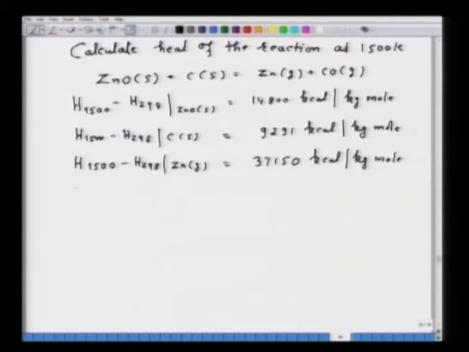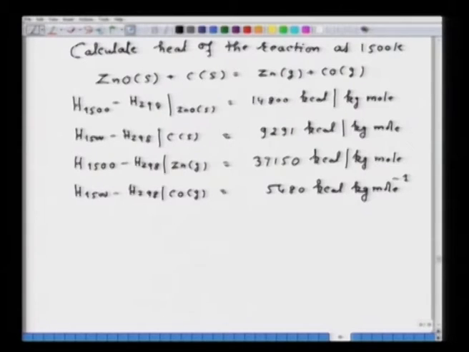Similarly, last one, H 1500 minus H 298 for CO gaseous state is equal to 5480 kilocalorie per kg mole. So, that is what the various values are given.